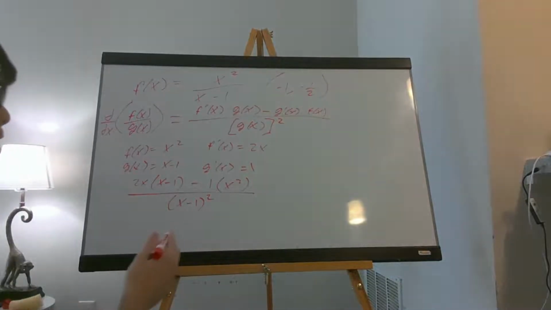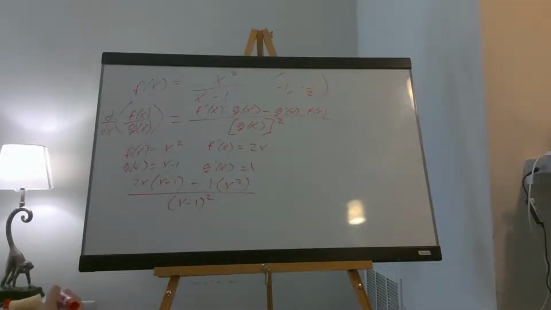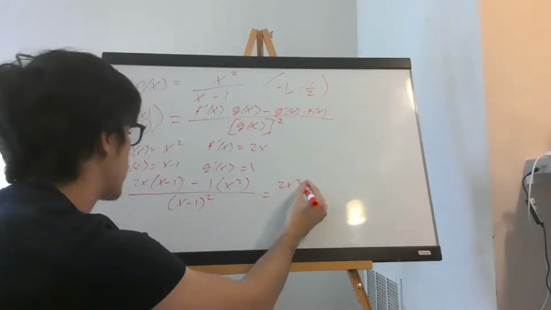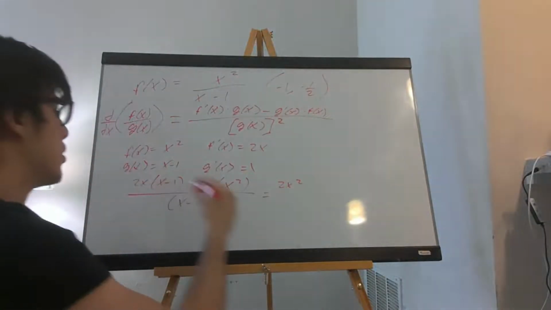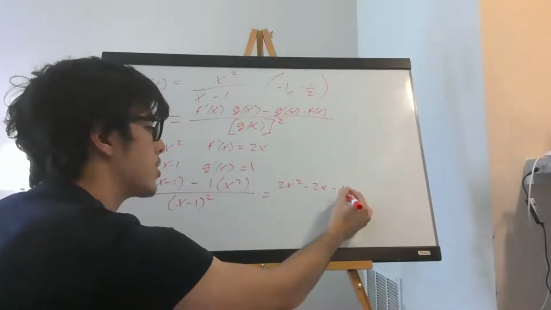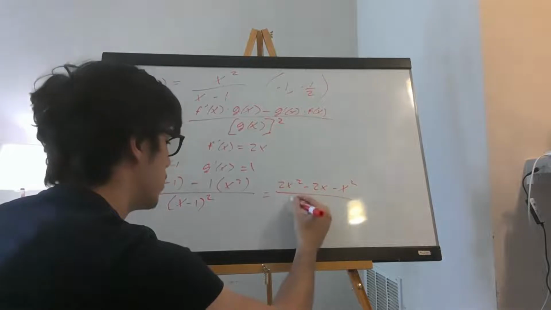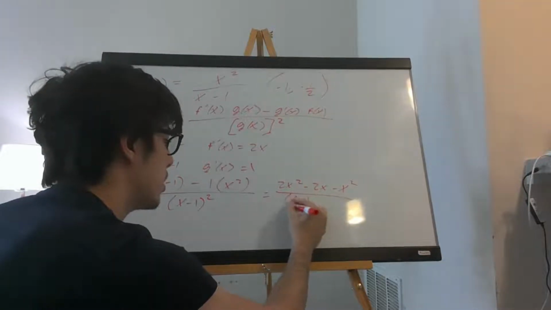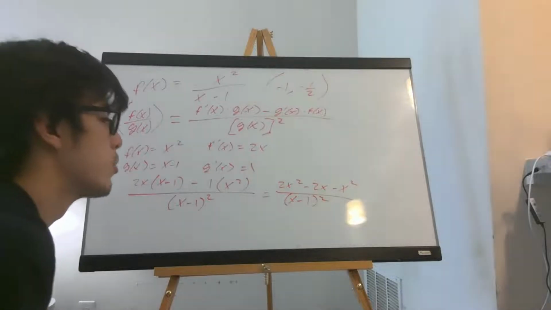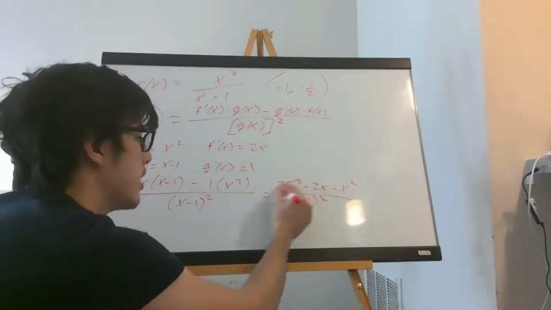Okay, so now we're just going to simplify this out real quick. So we're going to get 2x squared minus 2x minus x squared, all over x minus 1 squared. So now there's some things we can cancel out up top. So that's going to cancel with that.